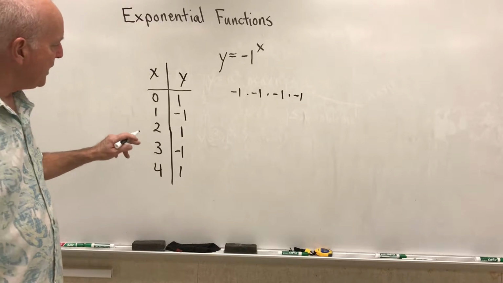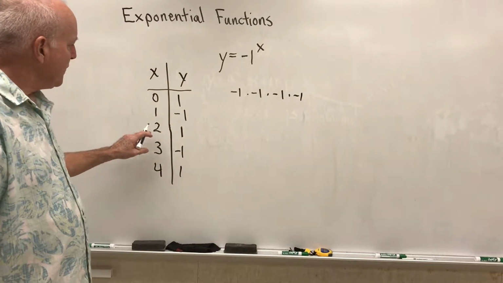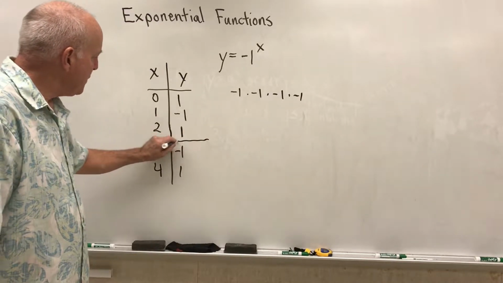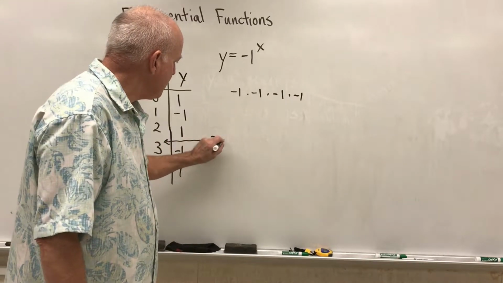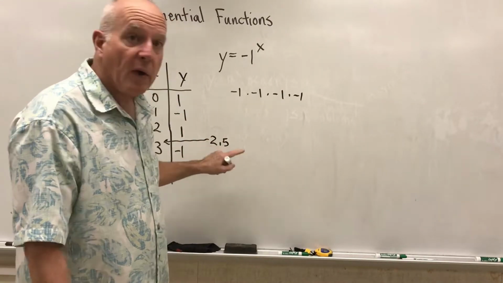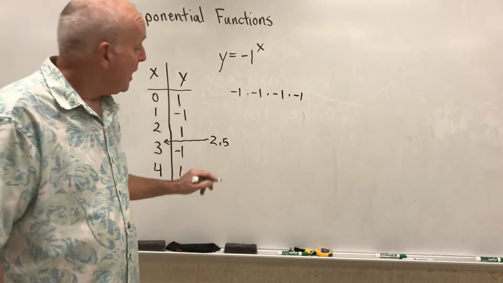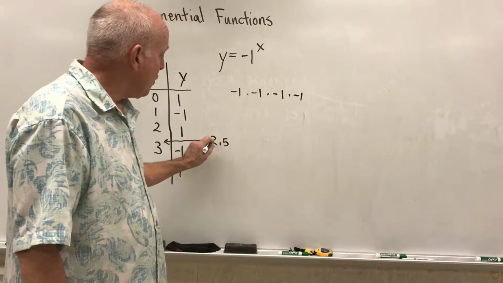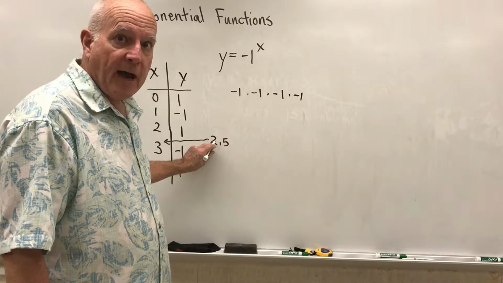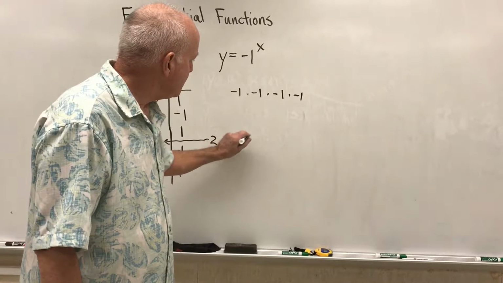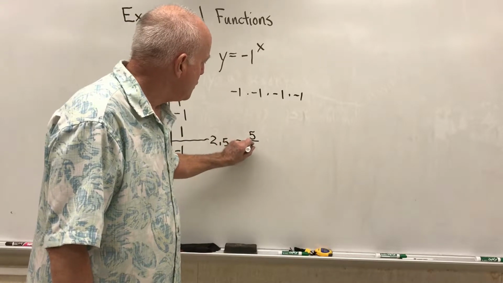Let's try something a little bit different. We're going to do a value of x in between 2 and 3. Let's do 2.5. But rather than saying 2.5, I'm going to represent this as 5 halves, so 5 over 2.